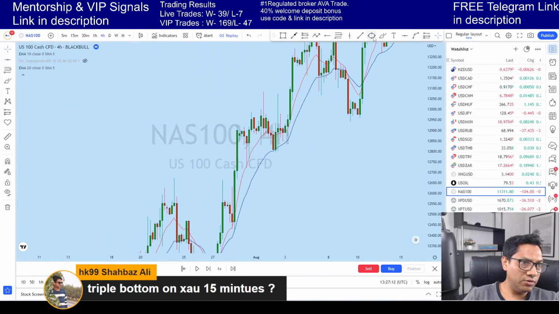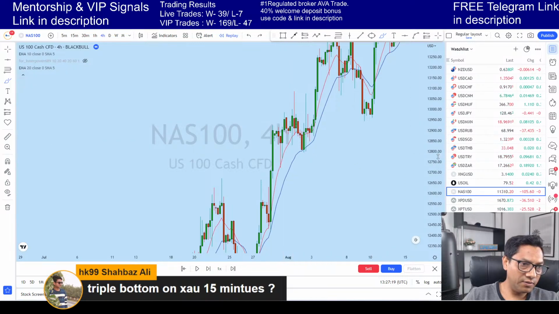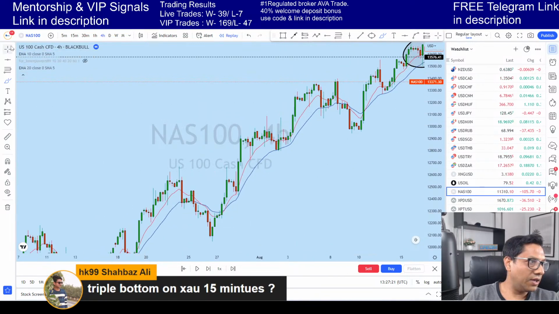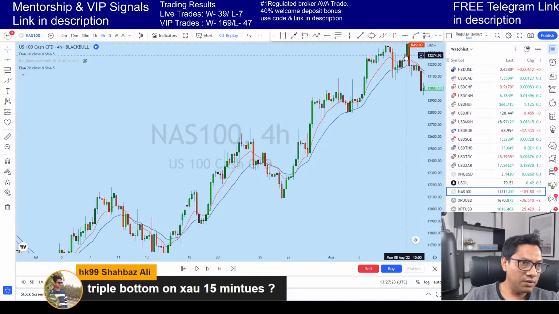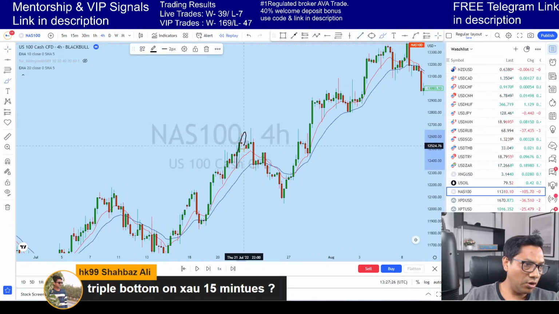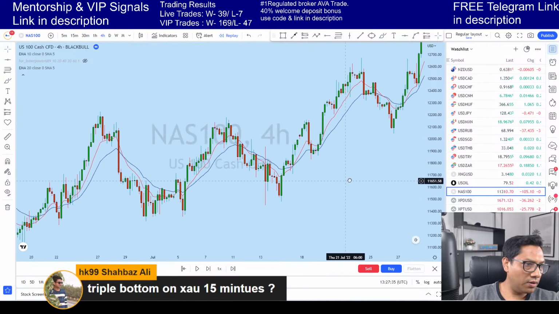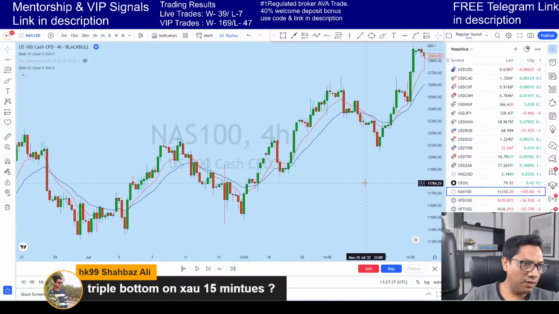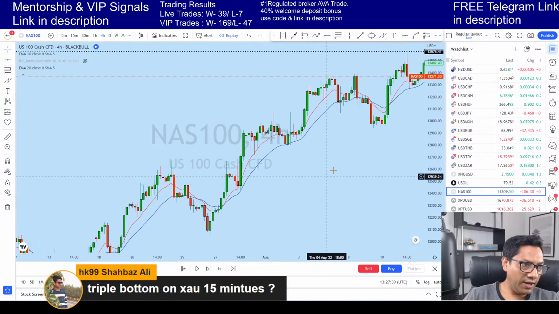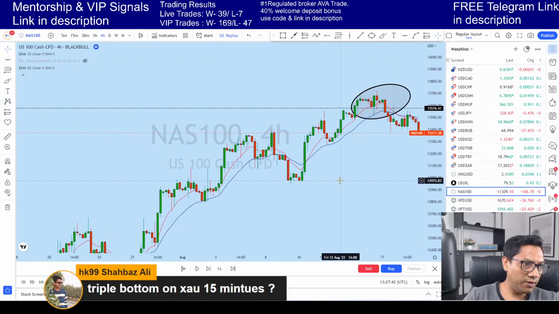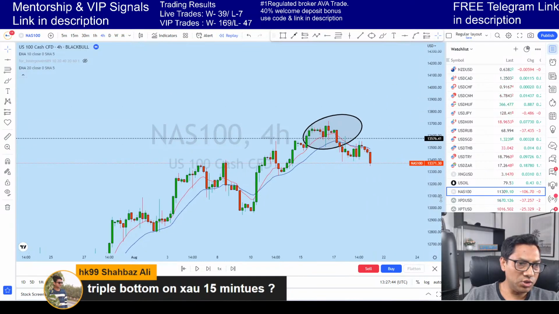There is one here, you see, there is exactly in the similar way a head and shoulder or a pattern here. Exactly in the same way there is also a double top, but it didn't work out very well. It dropped, but not like this one. There is also one here, like a lot of double top, head and shoulder you will find on the way. But why this one is special?